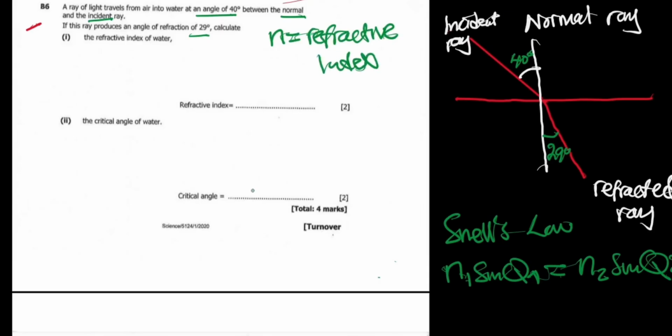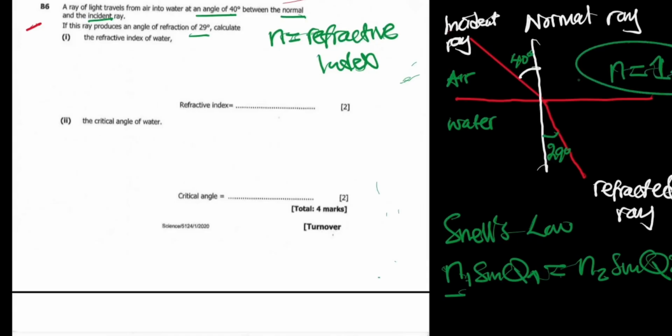In this case, since we are dealing with two mediums, this is the air medium and this is the water medium, so the refractive index of light in the air and in the water is different. But usually, the refractive index of air is 1. So we can neglect that one and go ahead and solve for the refractive index, which is n here.